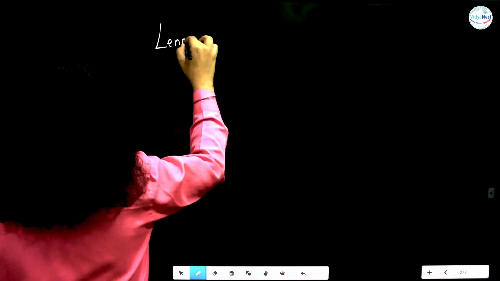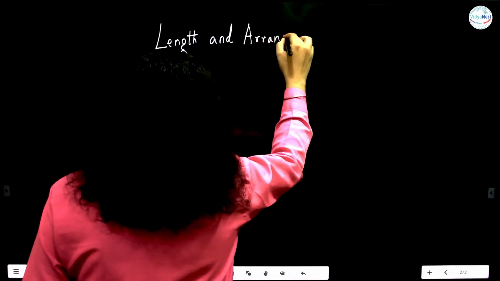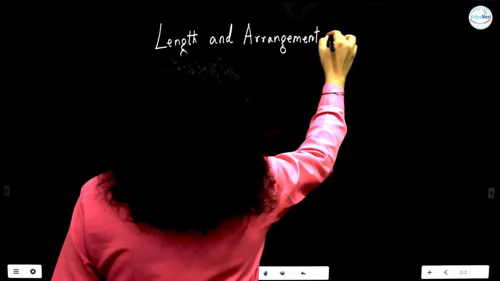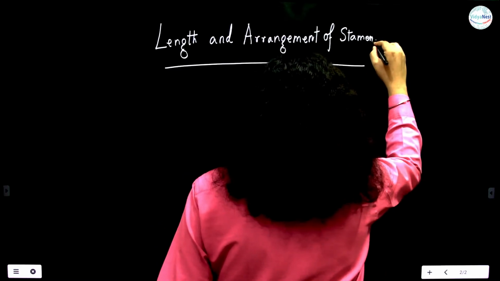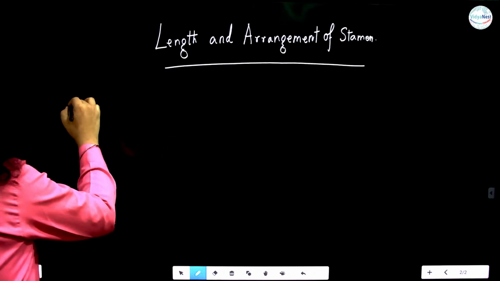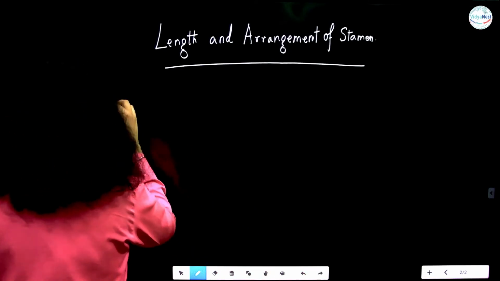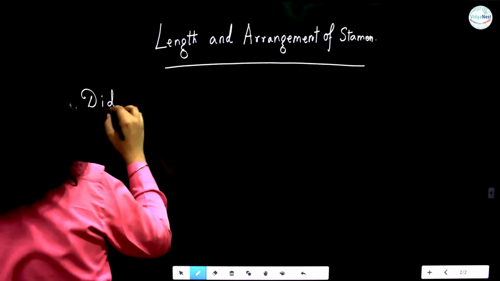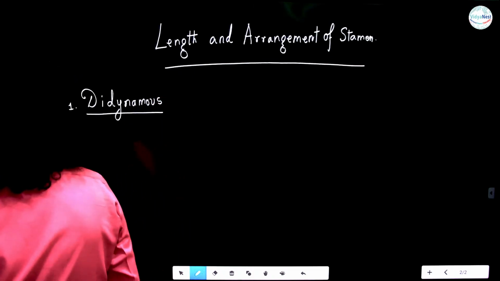If we talk about the length and arrangement of stamen, the first one is didynamous. D-I-D-Y-N-A-M-O-U-S. This is a condition known as the didynamous condition.